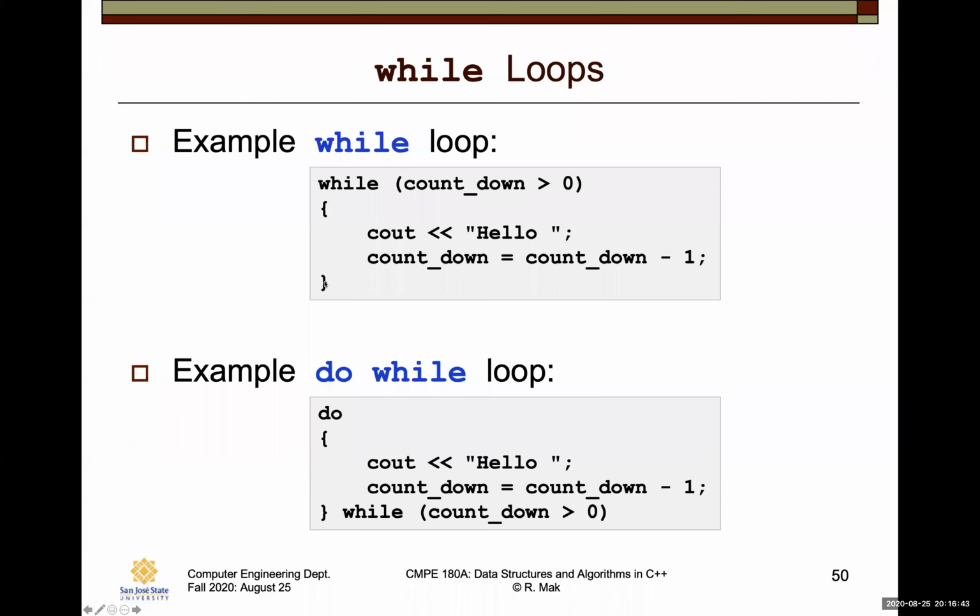When you have a large program and you have loops nested inside of loops, you want to be able to tell when a loop begins and when a loop ends. Here it's just a few lines, but as I said, I like to line up the curly braces.